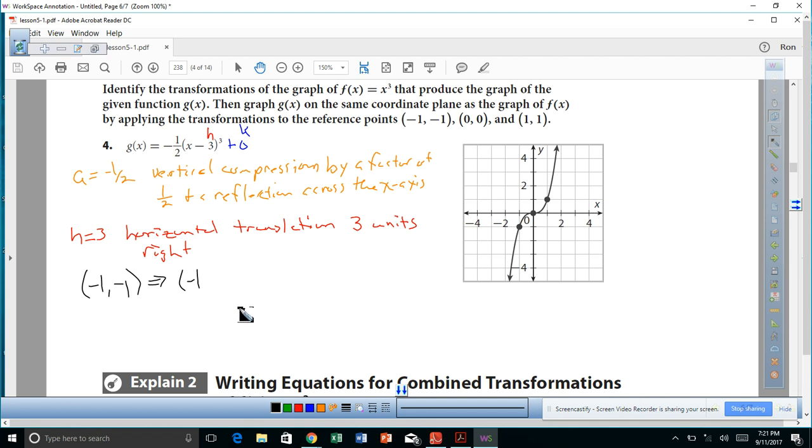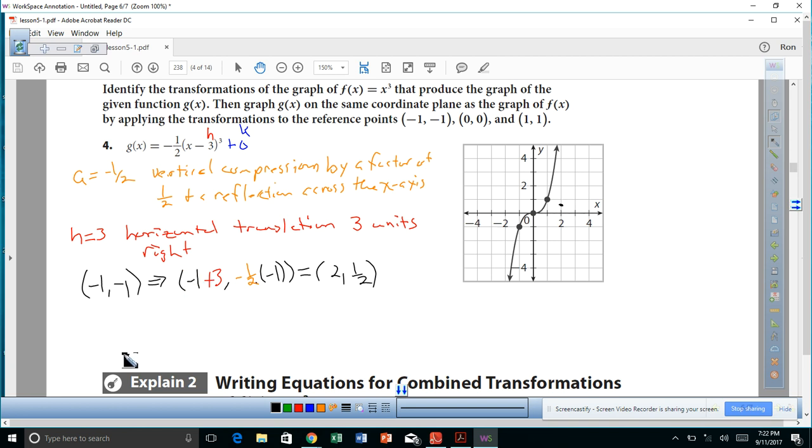Plus 3. And then you're going to have -1. We're multiplying by -1/2. So we're going to have -1/2 times -1, and that's going to give us 1/2. Okay, and that's positive. So let's find 2, 1/2. 2, 1/2 is going to be right there.